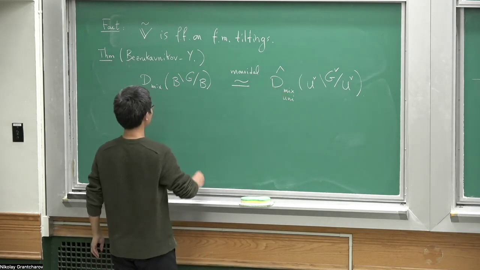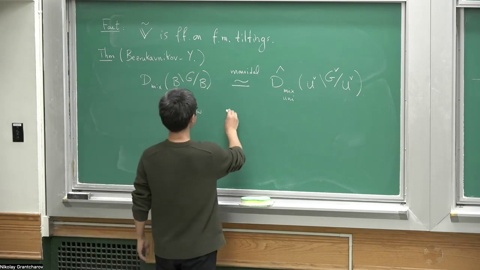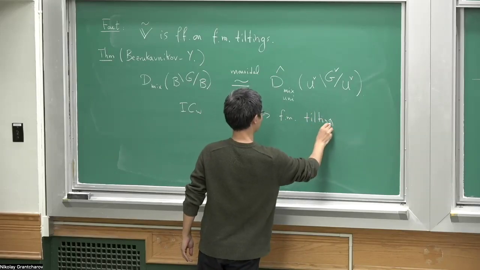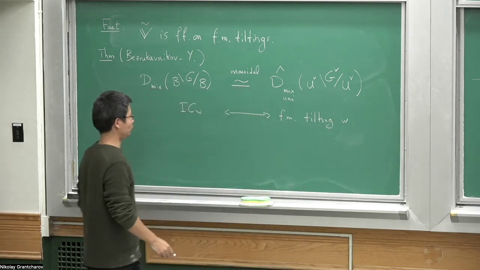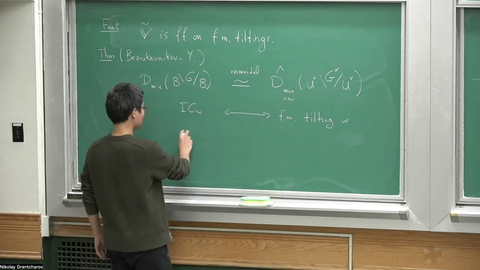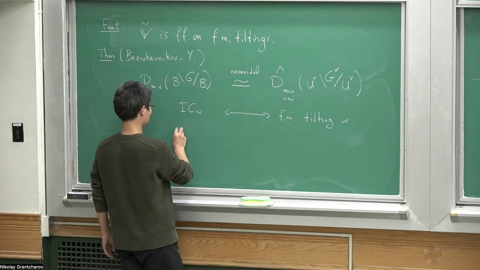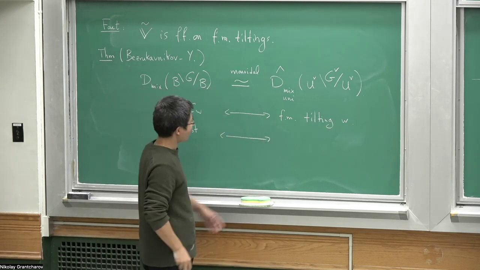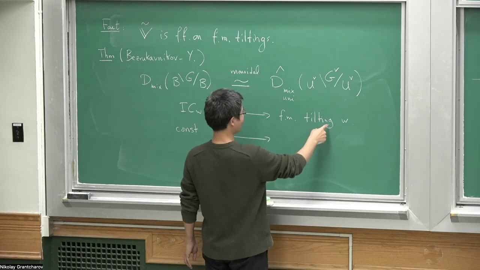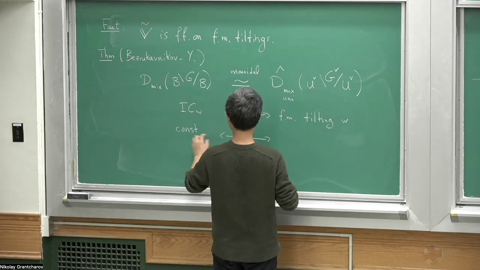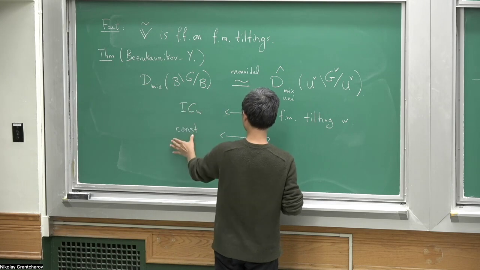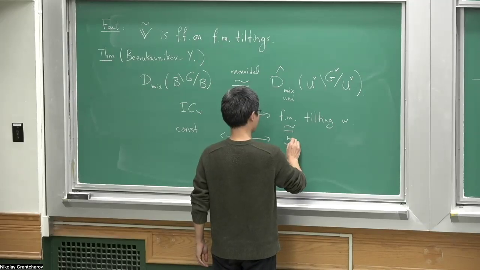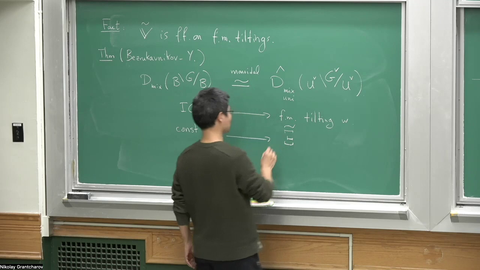There's such a monoidal equivalence that maps IC sheaves to free monodromic tilting sheaves, indexed also by W. In particular, the constant sheaf shifted in perverse degree matches the big tilting sheaf. So this W is the same W. For the longest element W, here the constant sheaf, here we get the big tilting. It's the free monodromic version of the big tilting.